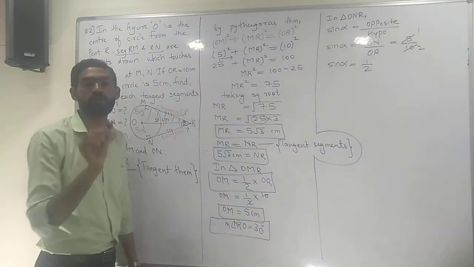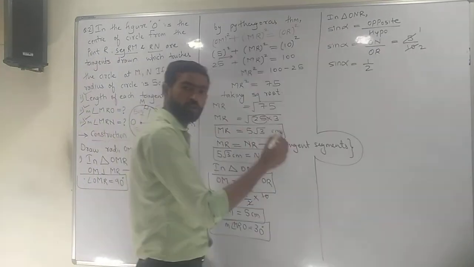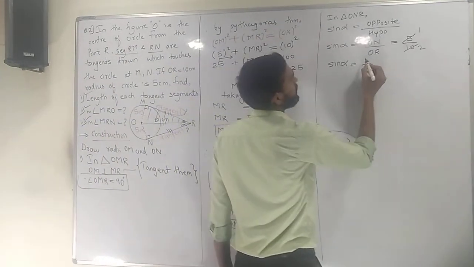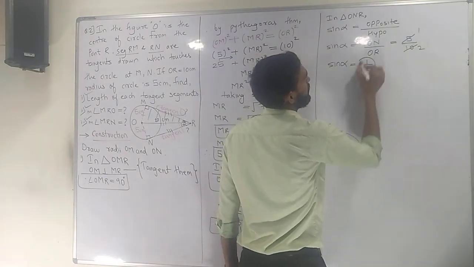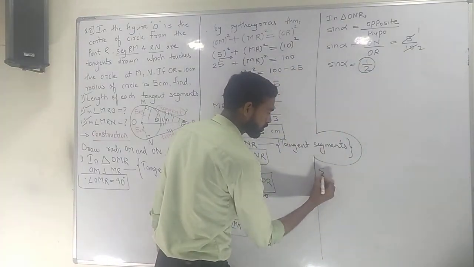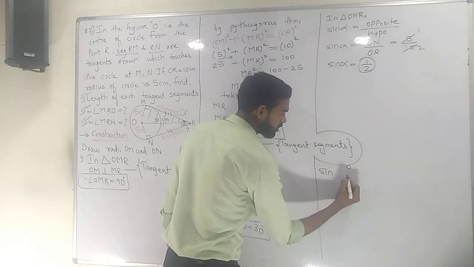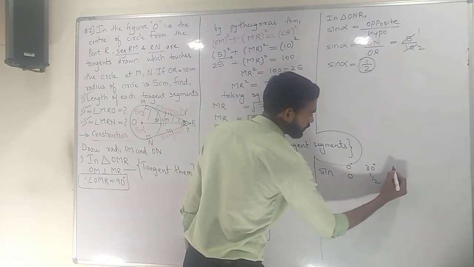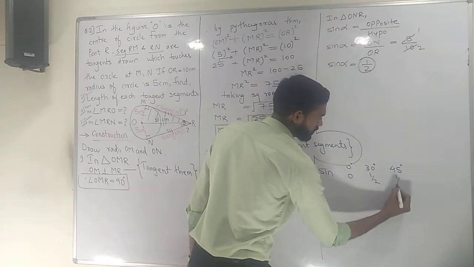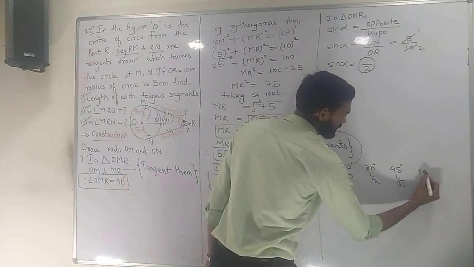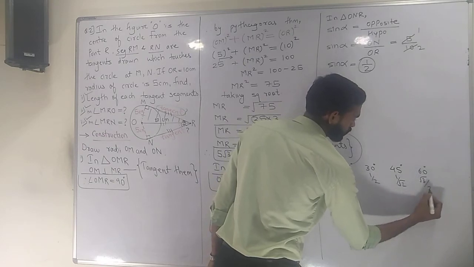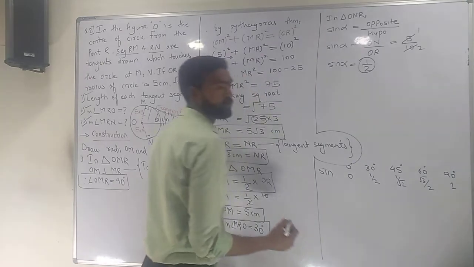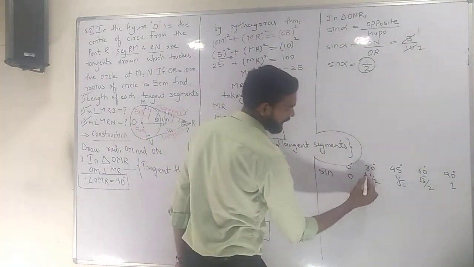Now students, if you remember that table, sine 0, sine 30, sine 45, where you will get half in sine, look: sine 0 is 0, sine 30 degree is 1 upon 2, sine 45 degree is 1 upon root 2, sine 60 degree is root 3 upon 2, and sine 90 degree is 1. So, where are you getting half?